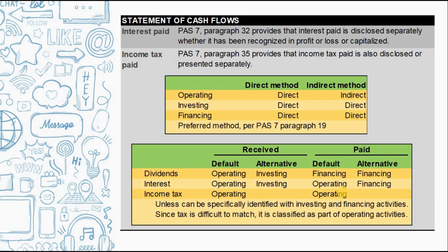For example, bonds payable. However, by default, interest expense is presented under the operating activities because interest payable is presented as current liabilities. Moreover, interest is being paid on a regular basis. That is why it could be presented as part of the operating activities.